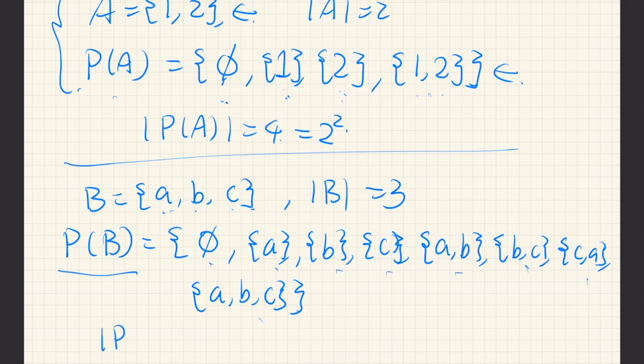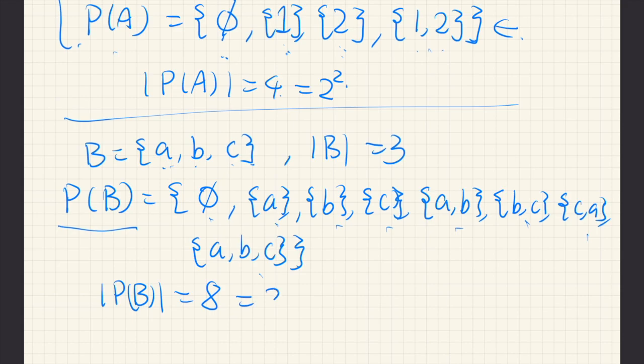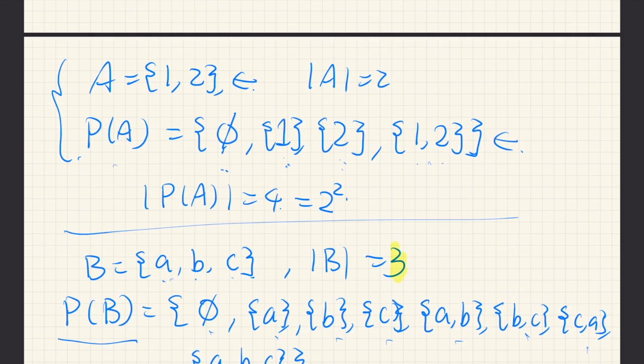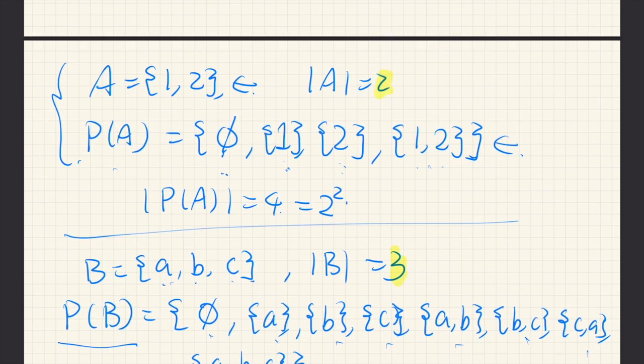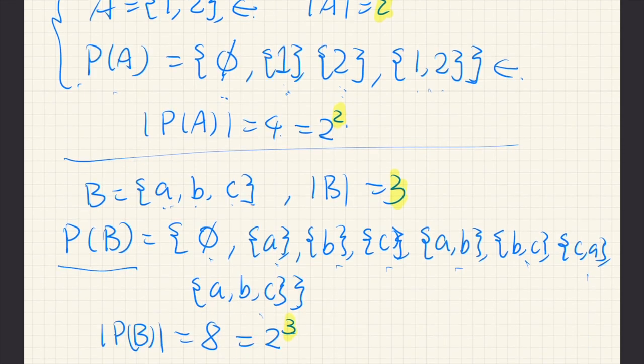So the cardinality of the power set of B is 8, which happens to be 2 to the power of 3. So it looks like this 3 is equal to this 3. And in the previous example, this 2 is the same as this 2. As long as the set is finite, you always have this relationship.